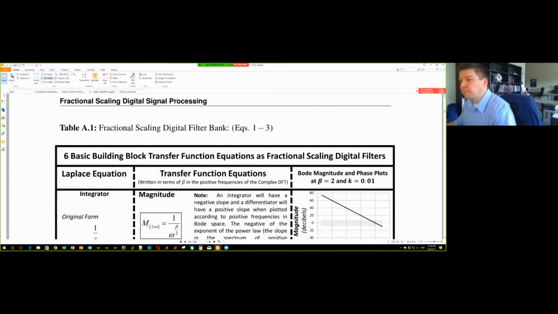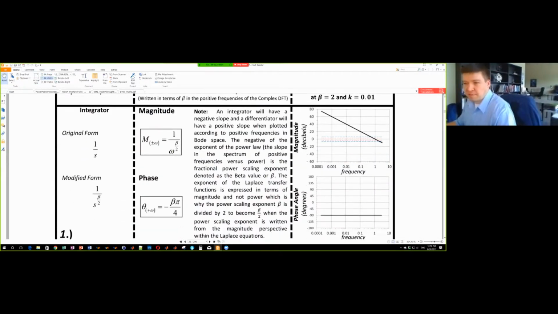And if it's described in terms of a Laplace equation, the Laplace equation for a capacitor is 1 over S, where S is j omega, or the complex frequency. The modified form of that would be 1 over S to the beta over 2, where beta is the scaling exponent. Beta is defined in terms of the power spectrum, not the magnitude, so that's why there's a division by 2.